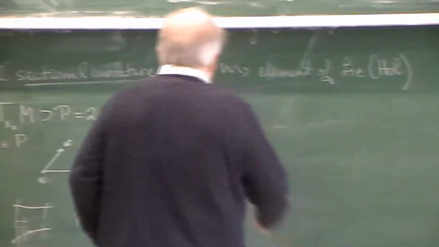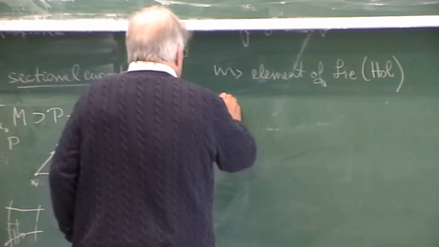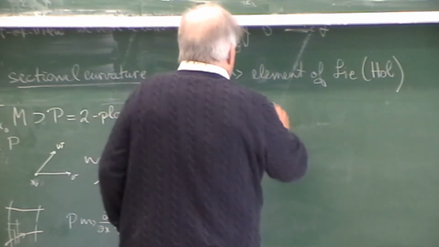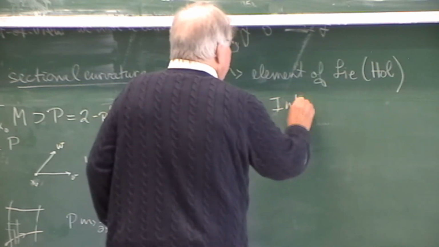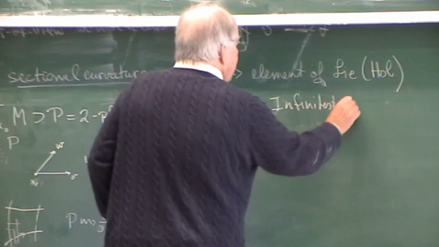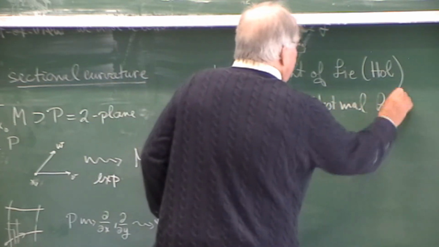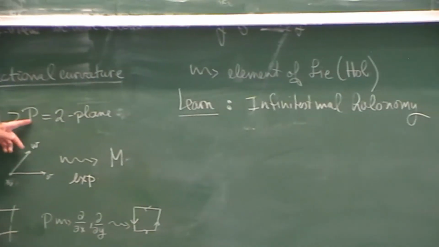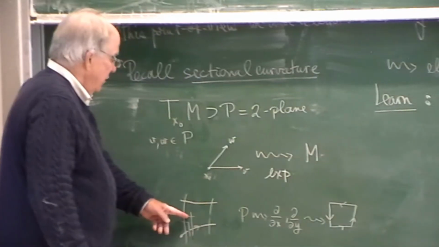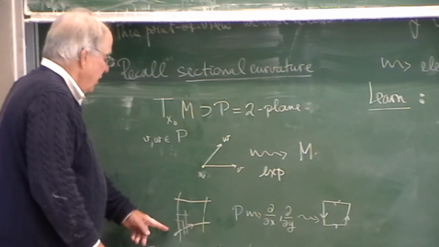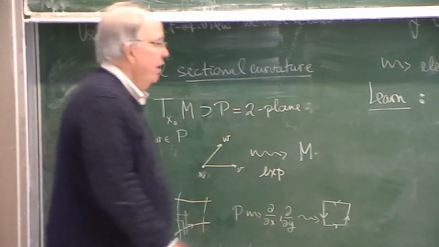So it says that you want to learn that infinitesimal holonomy means taking two planes, taking coordinates, taking these rectangles of Riemann, getting this curve in holonomy, taking the tangent vector.